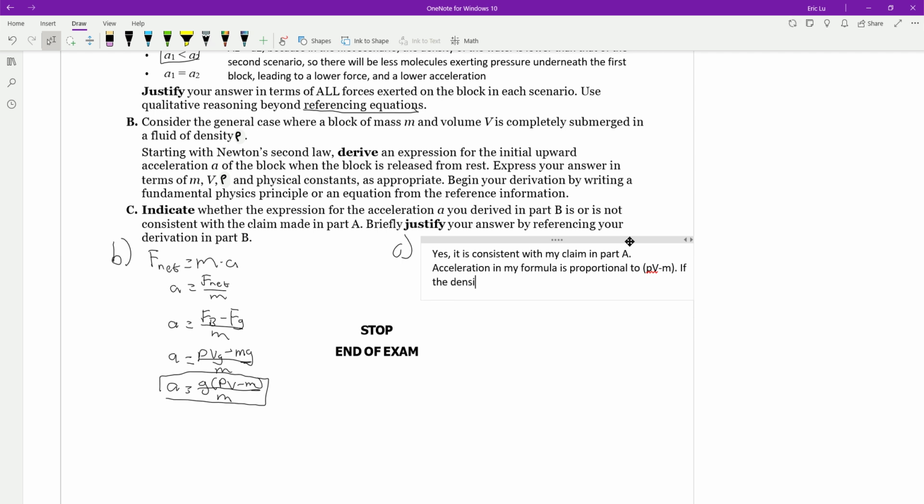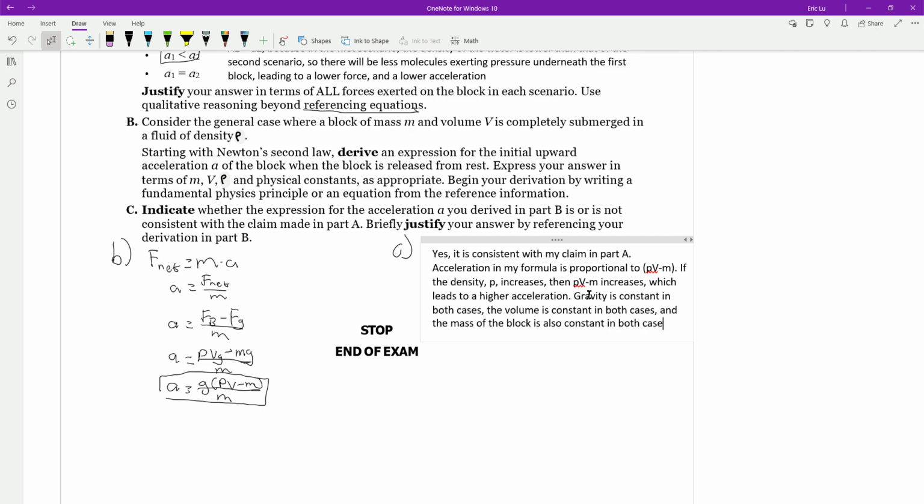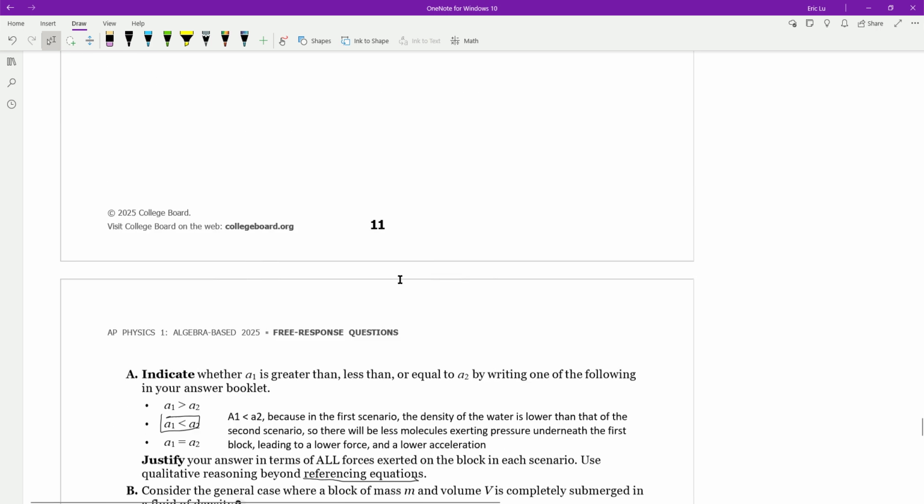If the density ρ increases, then ρV minus m increases, which leads to a higher acceleration. And that's really all you need to write. And also I would mention that gravity is constant in both cases. The volume is constant in both cases, and the mass of the block is also constant in both cases. And that would be all you would need to write.